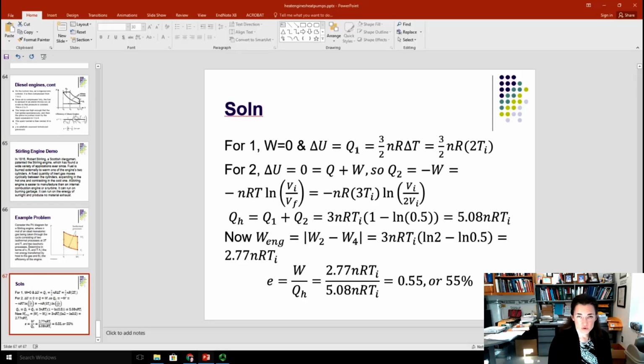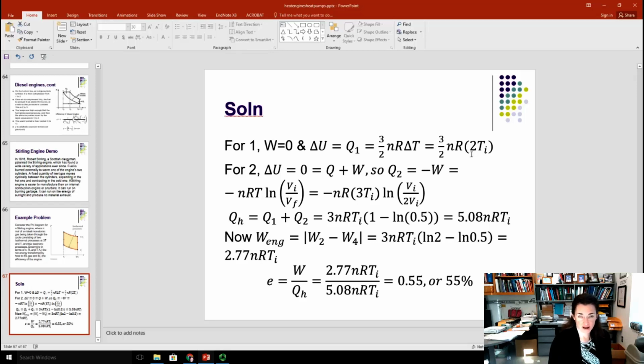So the heat, which is equal to the change in the internal energy of the system, because the work is 0 for an isovolumetric process, that heat that enters the gas during step 1, that isovolumetric process, is 3/2 nR times 2 Ti.